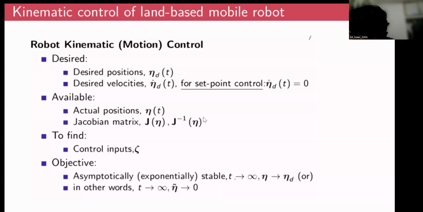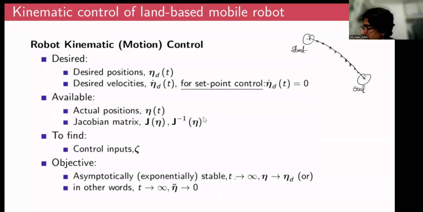So, for example, if we have a start position like this, and we have a goal position like so, the path from the start position to the goal position can probably be discretized into n number of discrete coordinates, and the position and velocities of each of these points, maybe eta d of t and eta d dot of t, are basically our desired trajectory coordinates, right?